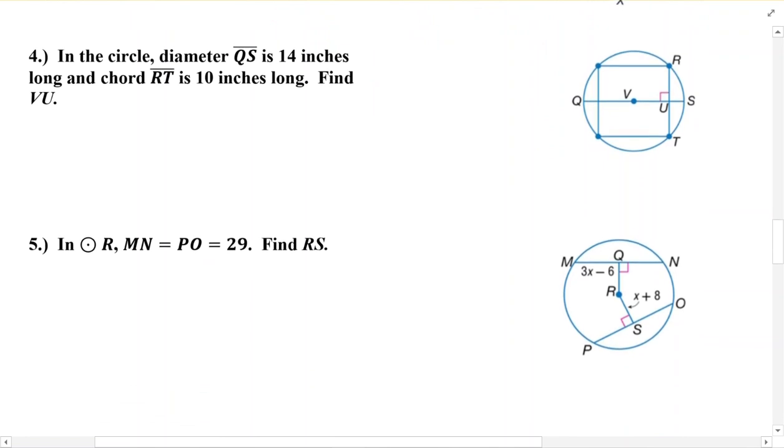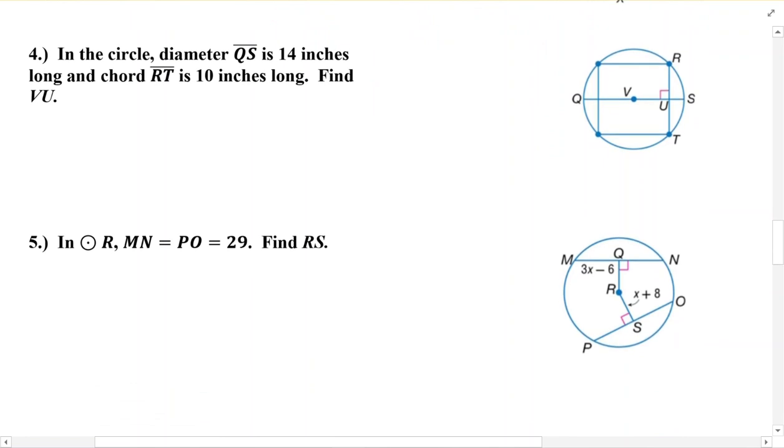The next problem brings in previous knowledge again. In the circle QS, the diameter is 14, which makes the radius 7. We want to find VU, which is this right here. It's not a radius. To find it, I'm going to make a right triangle.